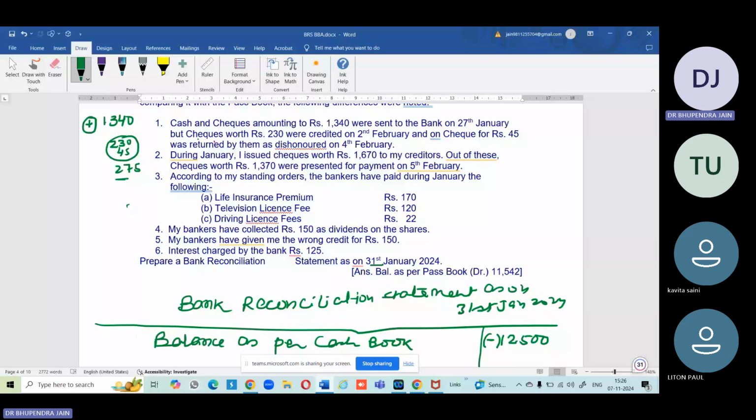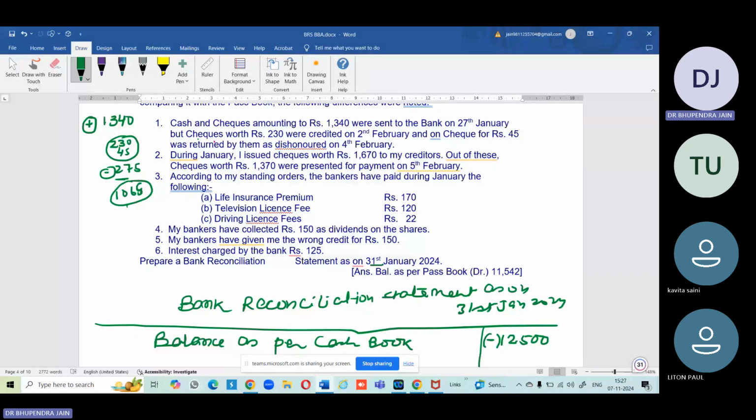You have increased your bank balance with the amount of rupees 1340. But out of 1340, the two checks, one check worth rupees 230, another check rupees 45, are not credited in your bank account. That means 1340 minus 275, bank just credited 1065 in your bank account, and you credited 1340.